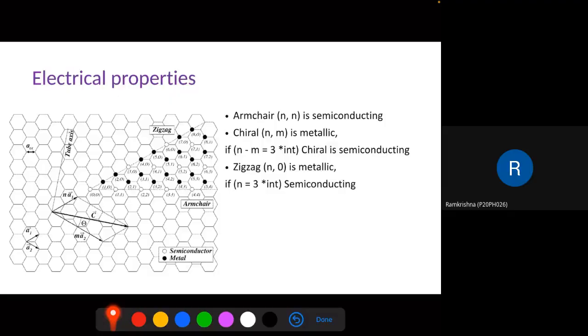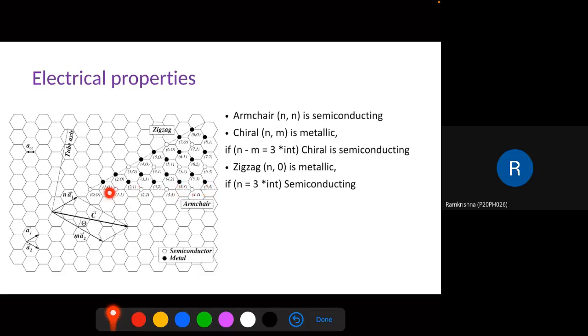So you can have a semiconductor or a metal depending on along which direction you are folding your two-dimensional graphene. Looking at this picture again, if you go along your armchair, you fold it along this, and you get an armchair.